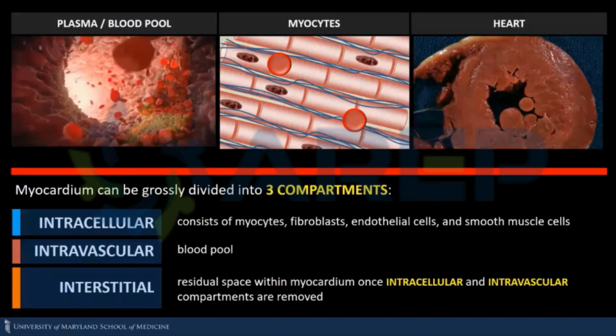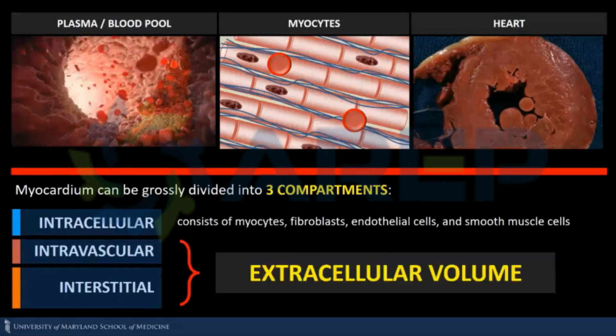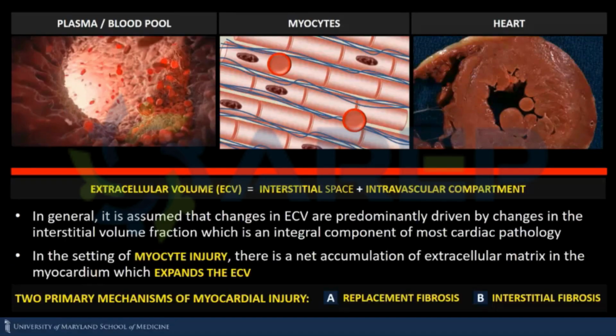Now, the intravascular and interstitial components both make up what is called the extracellular volume. So you have your normal myocytes, and then everything aside from that is extracellular volume. Again, extracellular volume makes up the interstitial space and intravascular compartment. Now, this extracellular volume is relatively fixed.